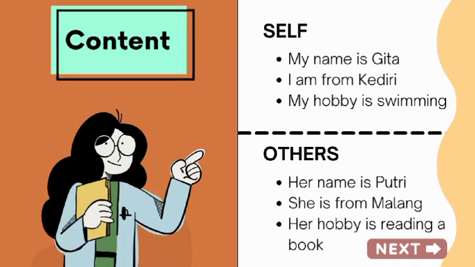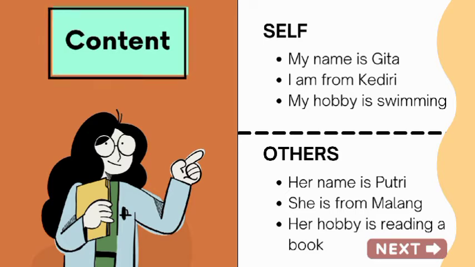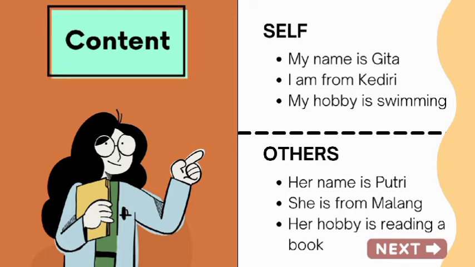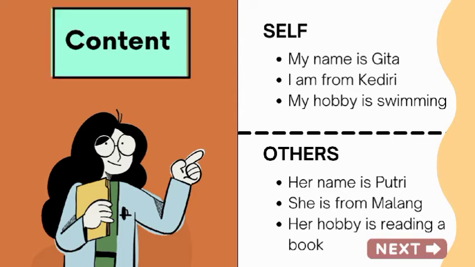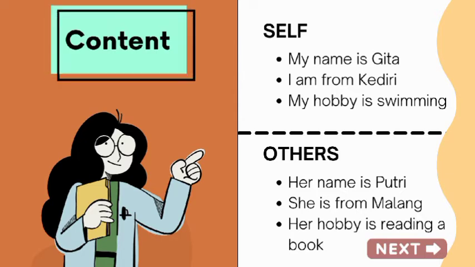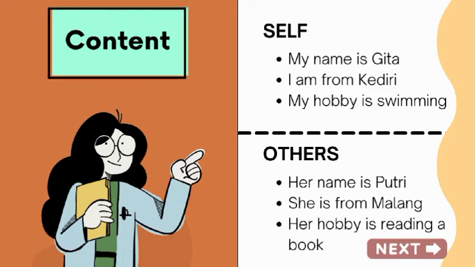Second, you can use sentences like I'm from Kediri, or I'm from Bali, or I'm from Bandung, etc. And the last, you can use sentences like my hobby is swimming, my hobby is reading, my hobby is cycling, and others.